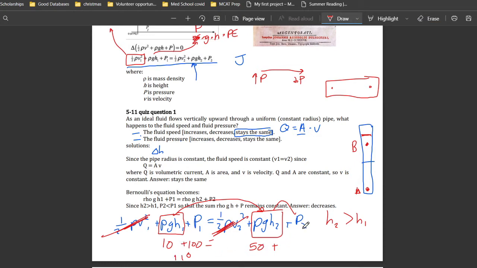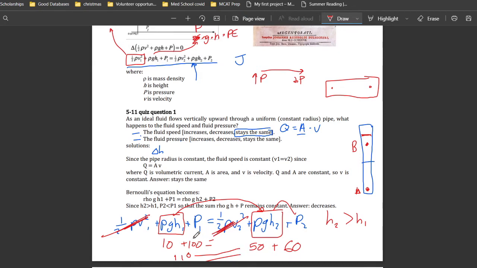So solving for pressure, we would arbitrarily find that pressure would be equal to 60. And again, these are just arbitrary values to present the relationship between these values.